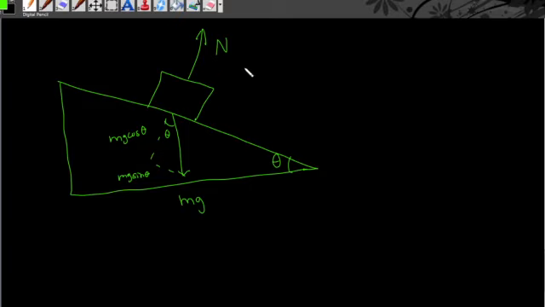And mg sine theta would be causing the block to move this way. So the friction would oppose the motion. The problem didn't specify if it's static or kinetic, so I'm just going to say friction, which means that the friction is this way.